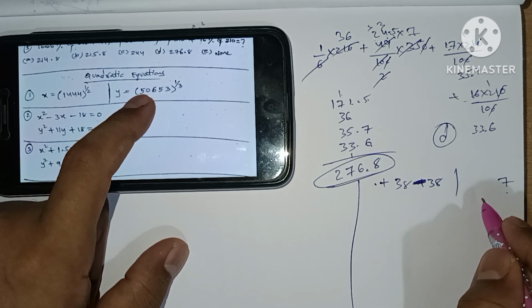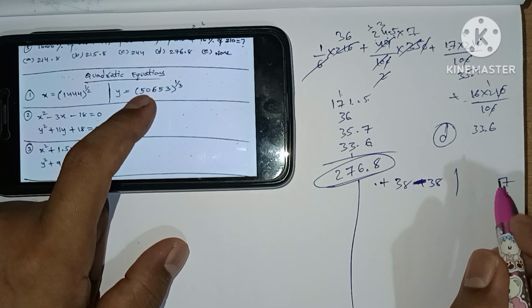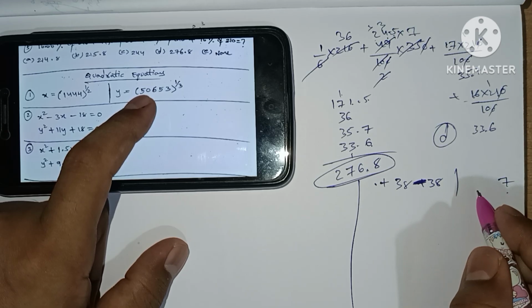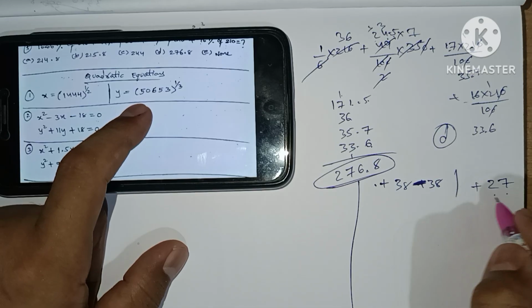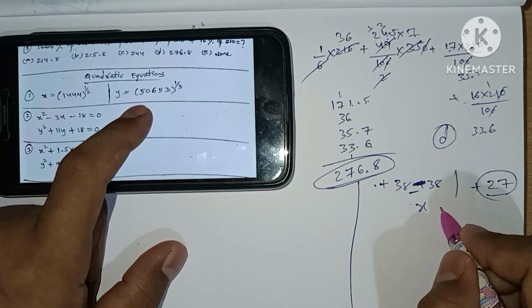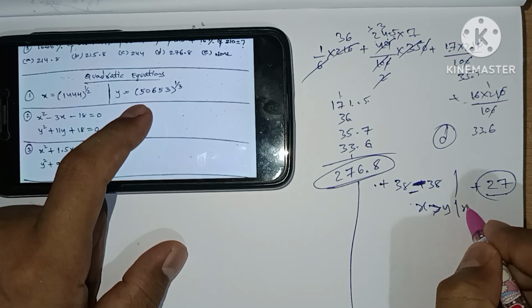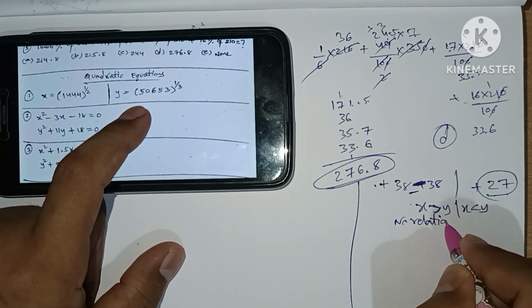Nearest cubes: 3 cube is 27, 4 cube is 64. So we take 3 cube, 27, and it is a positive value. Now by comparing these two, it is clear that this 27 comes in between these two. So x greater than y and x lesser than y both hold. So there is no relation between these two.